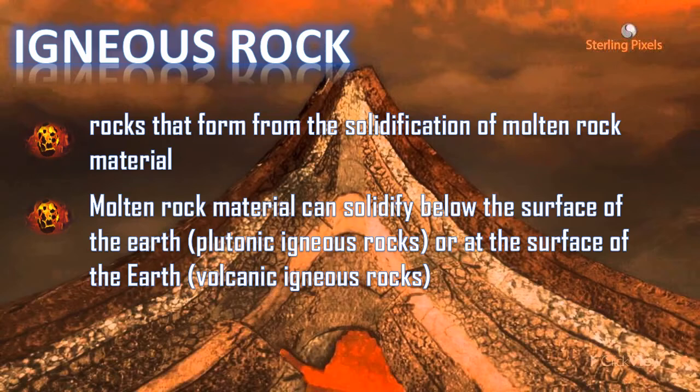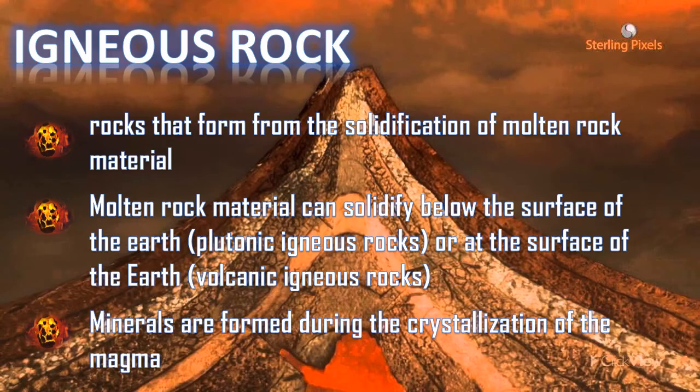So remember, if it's below the surface of the earth, it is plutonic. And when it is at the surface of the earth, it is volcanic igneous rock. These are also known as minerals formed during crystallization of the magma.